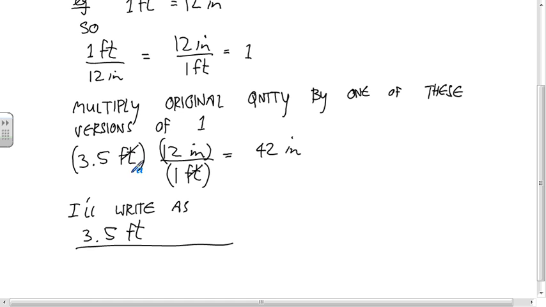And instead of writing all the parentheses, I'm just going to make the splits between the things I'm multiplying with a vertical line. I'll write it like this. This means the same thing as that. We have 3.5 feet and 12 inches in the numerator and 1 foot in the denominator. These cancel and you get 42 inches.